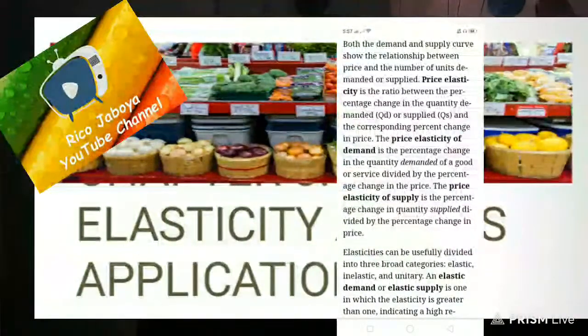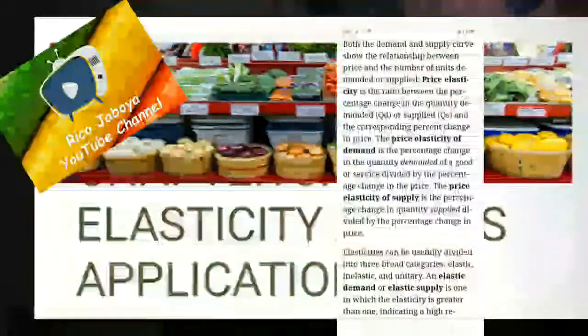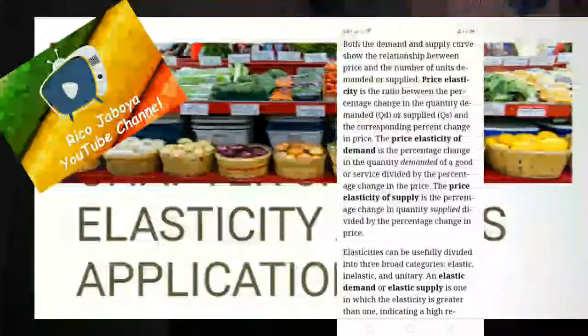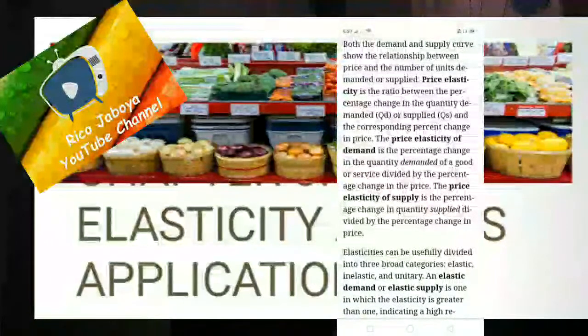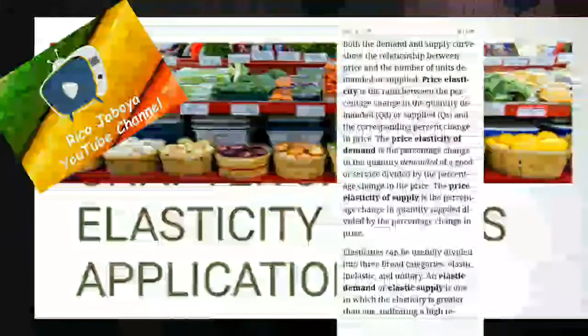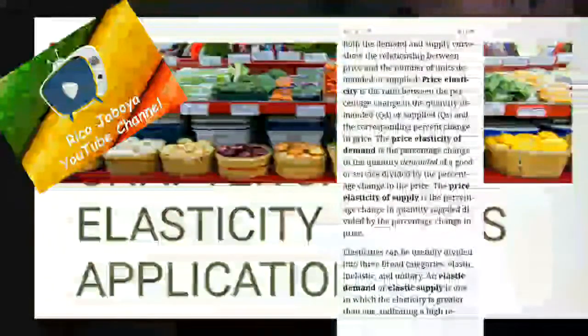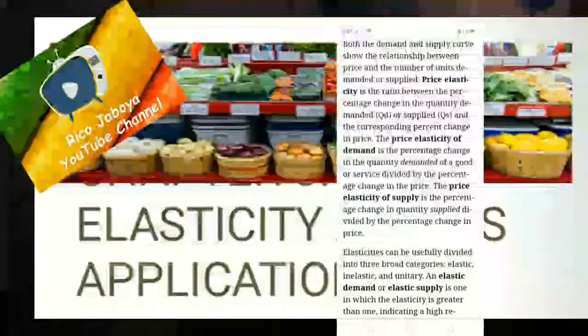So, elasticities can be usefully divided into three broad categories, which I have discussed in my past videos. These three broad categories are: elastic, inelastic, and unitary. Elastic demand or elastic supply is one in which the elasticity is greater than 1.